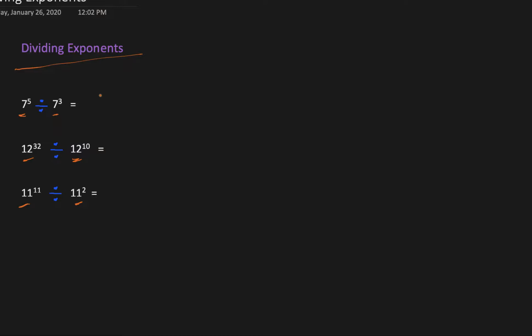So this is nothing but 7 to the power 5 divided by 7 to the power 3. When it comes to dividing exponents, all we do is write the base again and then subtract the exponents. So this would be 7 to the power 2, 5 minus 3, and the base is the same.